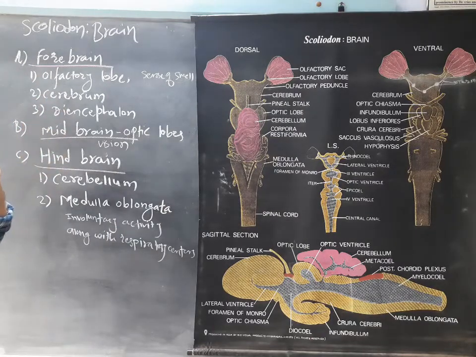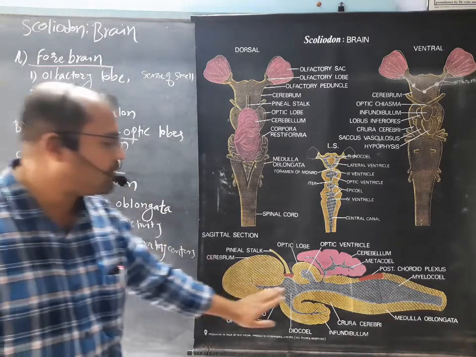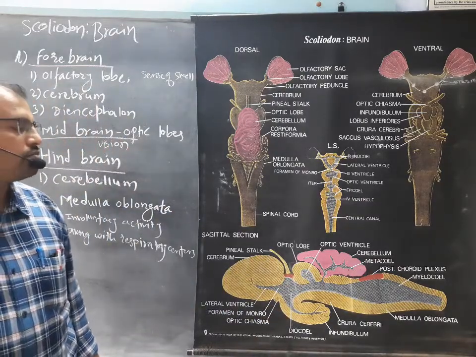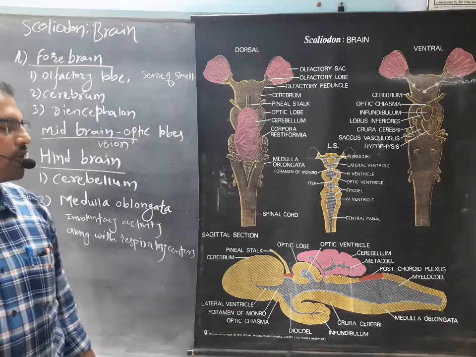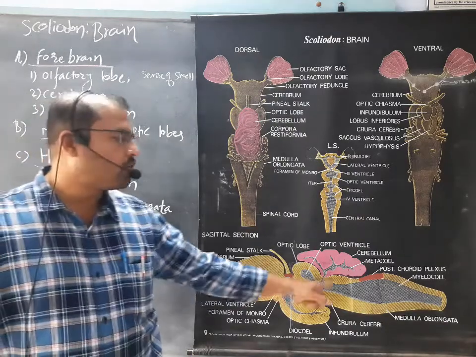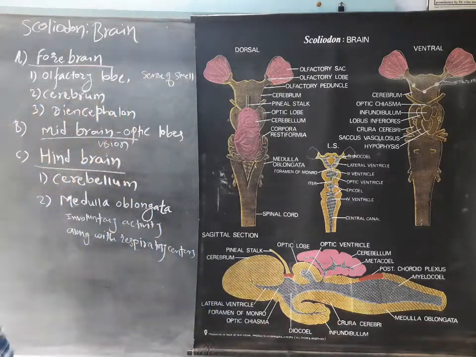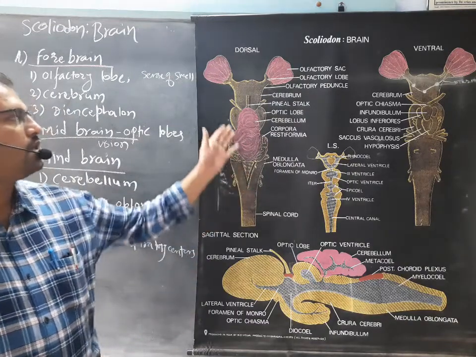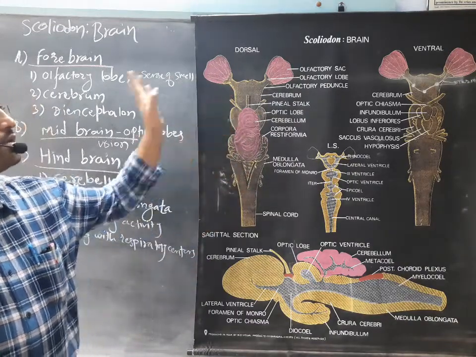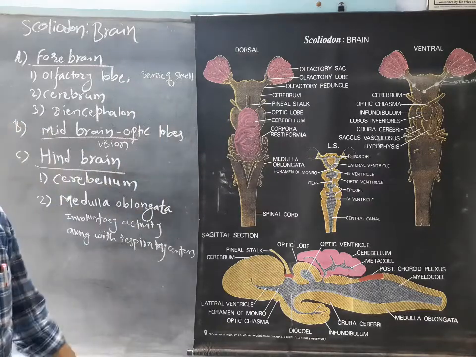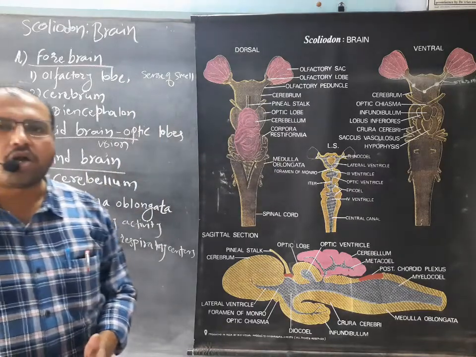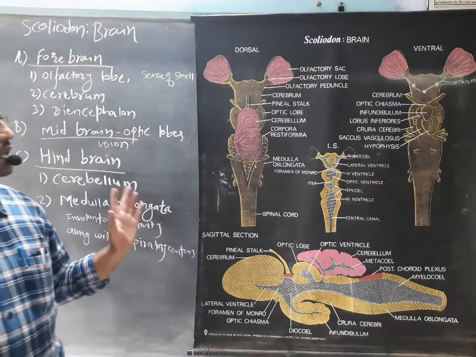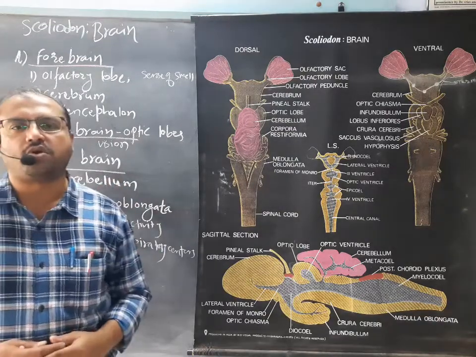Internally it has cavities, also called ventricles, which are filled with cerebrospinal fluid secreted by the choroid plexus, anterior as well as posterior. And morphologically they have different regions or structures. So this is all about the brain. This is about the structure as well as the function of the brain of Scoliodon.